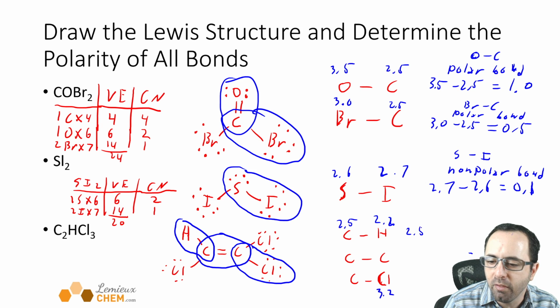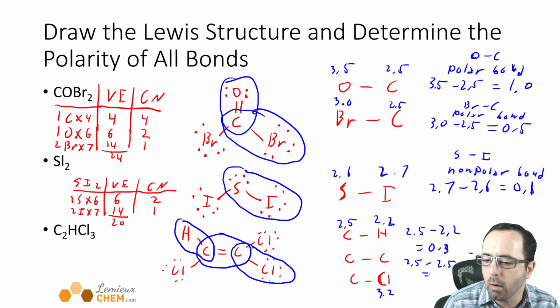Okay, 2.5 minus 2.2, that difference is 0.3. So that's not a polar bond. For carbon, it's 2.5 minus 2.5 for the carbon-carbon bond, that's 0. And then for the carbon-chlorine, it's 3.2 for the chlorine minus 2.5 for the carbon, that is 0.7.